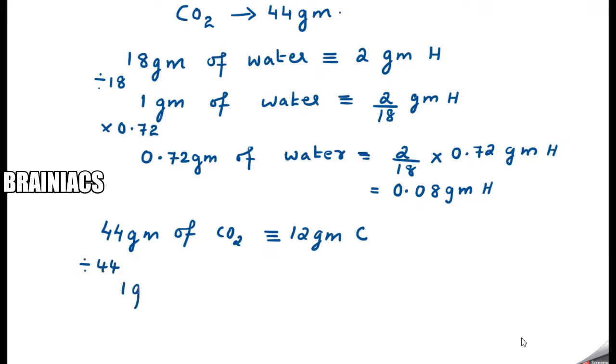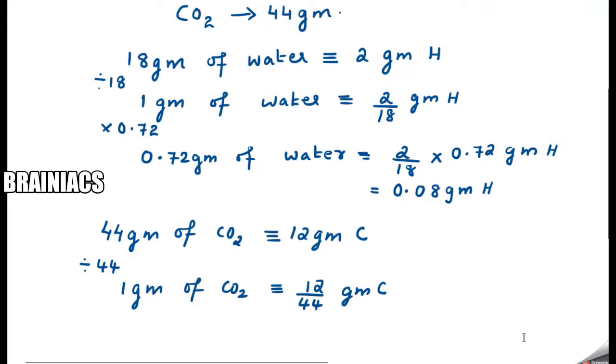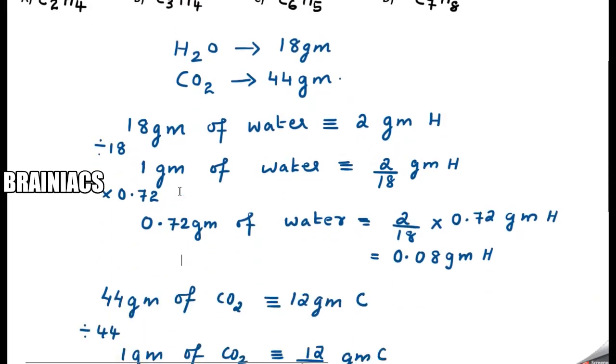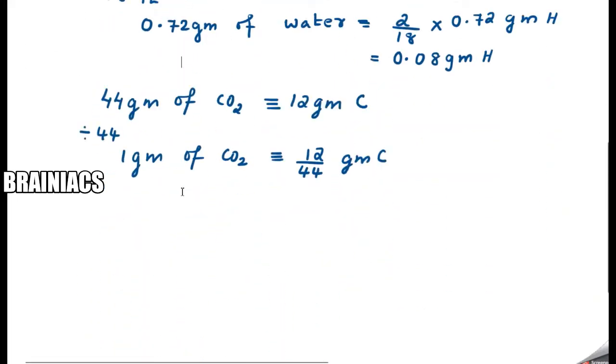So this will become 1 gram of CO2 has 12 divided by 44 gram of carbon, correct? So we need to convert this to how much gram? In the question they have given the value of carbon dioxide as 3.08 gram of carbon dioxide. So we will multiply with 3.08 on both sides.